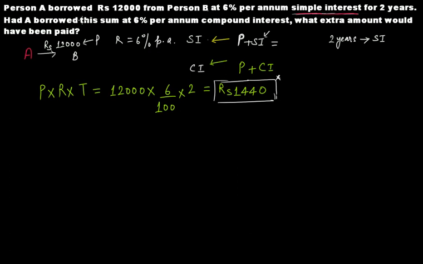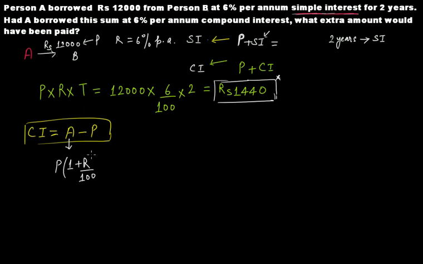Okay, let's talk about this hypothetical situation. Now you have to calculate the compound interest. Compound interest is equal to the final amount at the end of 2 years minus the principal. This principal is 12,000, and the amount A can be calculated from the formula P within the brackets, 1 plus R by 100 raised to the power of n, where n tells you the number of years.